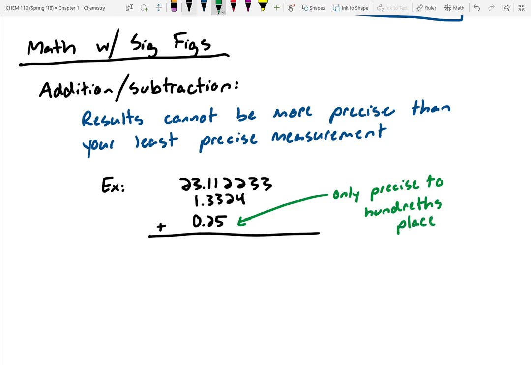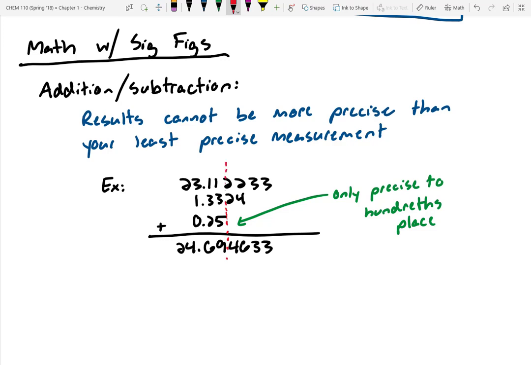All right, so we can go ahead and plug this into our calculator. If you just plug it into your calculator, it's going to give you a big long number. It's going to be 24.69, I think 4633. And if we look at this, our final answer can only include up to the hundredths place. It can't go beyond that. So what I like to do is essentially do a hashed line down here.